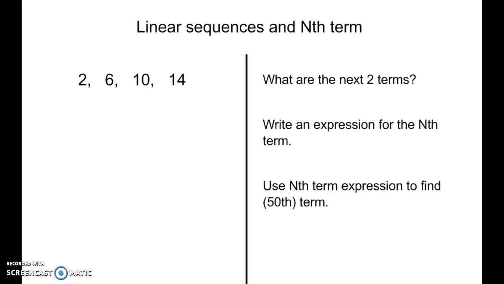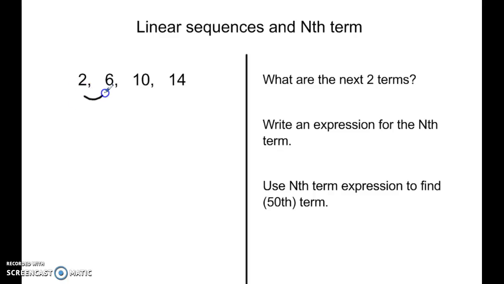We're given the first four terms of a sequence and we're asked to work out what the next two terms are. This, hopefully, you'll find pretty straightforward. All we need to do here is look at the sequence and work out what it is going up by. So let's have a look.